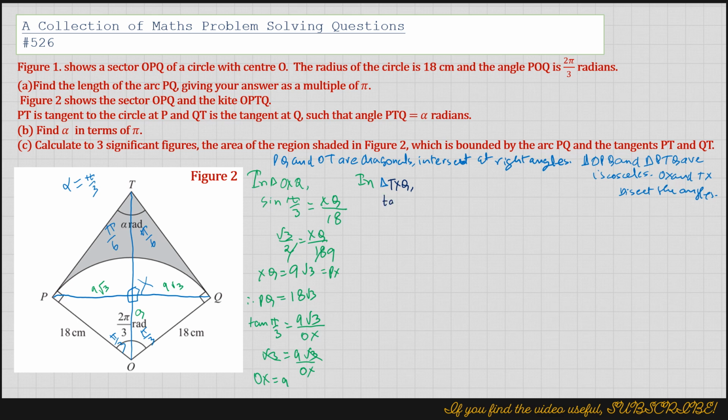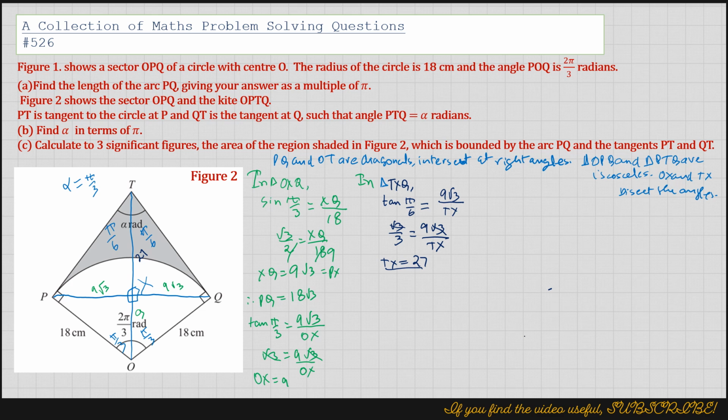So we say tan pi out of 6 would equal 9 root 3 divided by TX. Now tan pi out of 6 is root 3 out of 3, so that is 9 root 3 divided by TX. So TX is 3 times 9, that is 27.